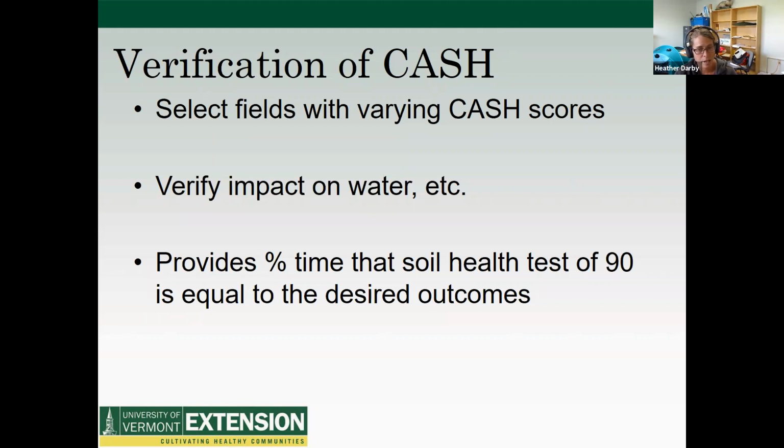So we have to decide that, let's say 75% of the time, if a field has a soil health test score of 90, we achieve our desirable outcomes. And people agree that that's good. Okay, that's a good investment in taxpayer dollars and using this soil health test. So again, these are considerations as we build a program.